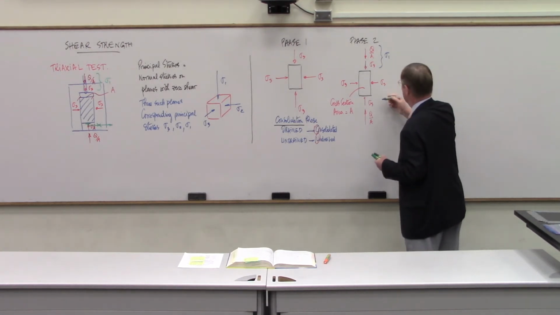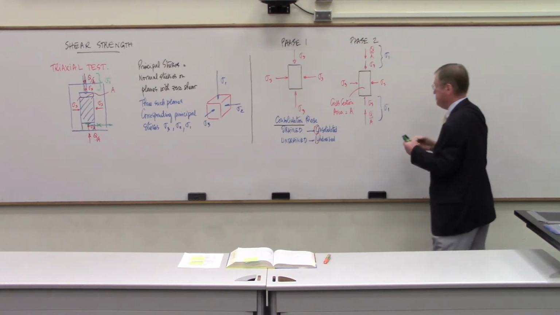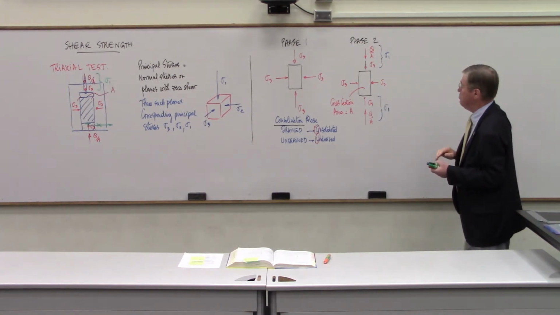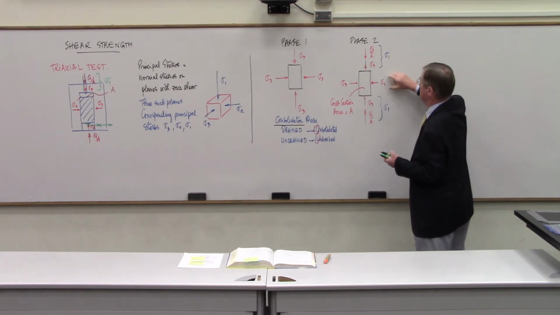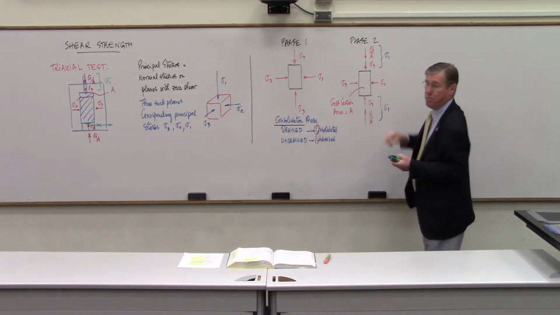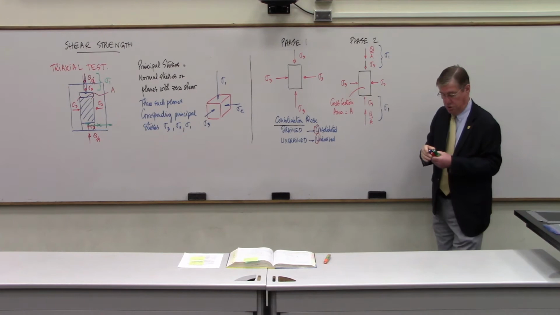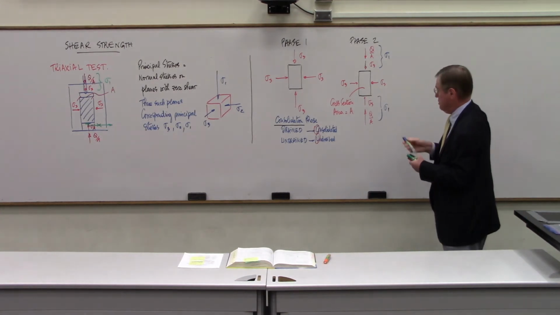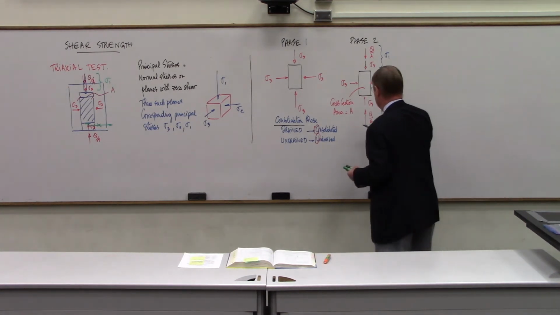So again, on the other side, we have sigma 1 right here. And because sigma 1 is different from sigma 3, the sample is subjected to shearing process. So this is the second phase, and this is called the shearing phase.